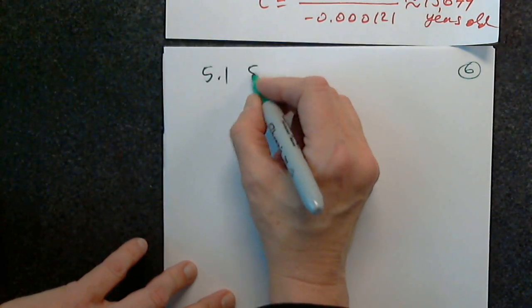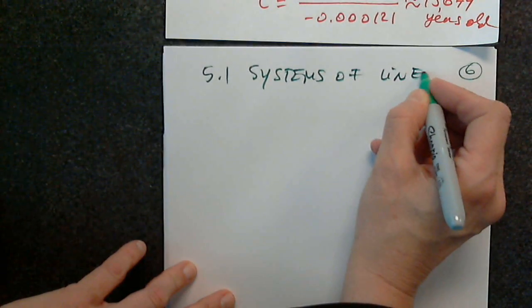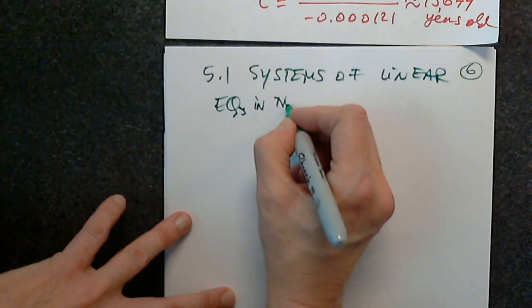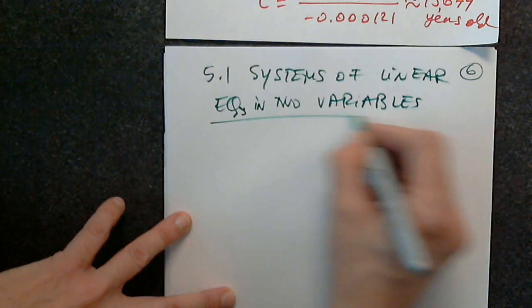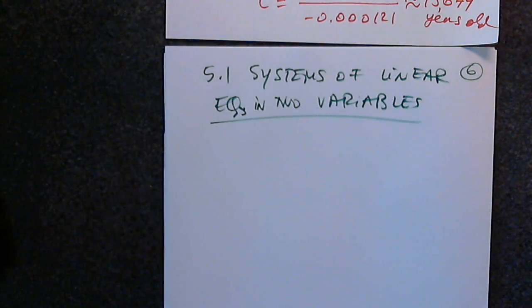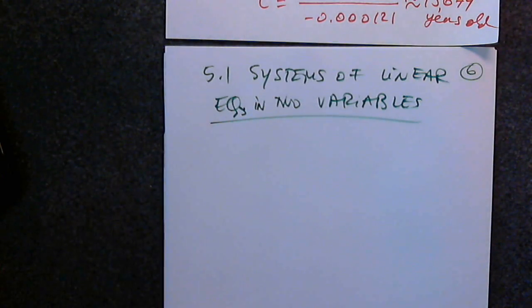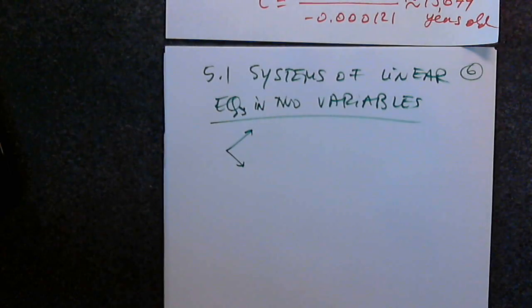So 5.1, systems of linear equations in two variables. Systems of two linear equations in two variables. I'm sure you remember there are two methods. We can also graph, but we're going to review two methods.